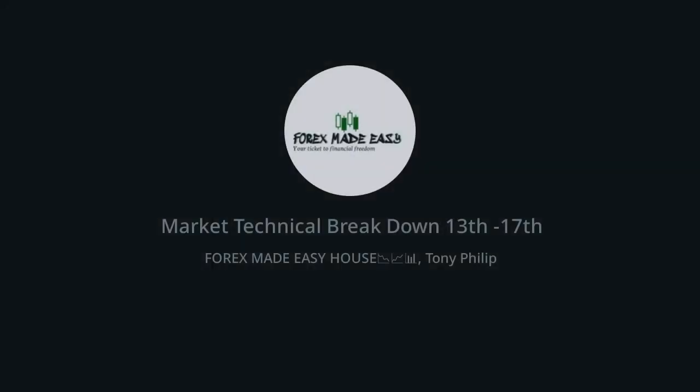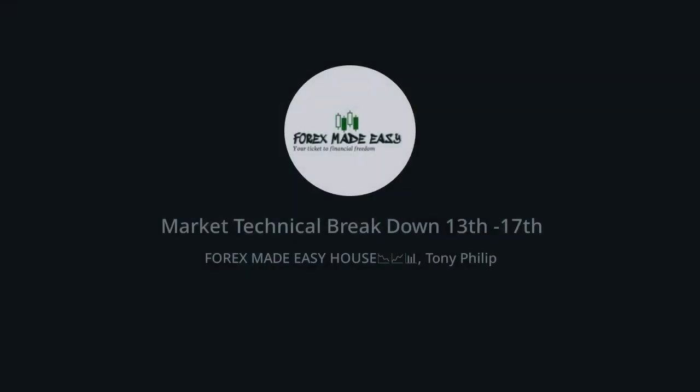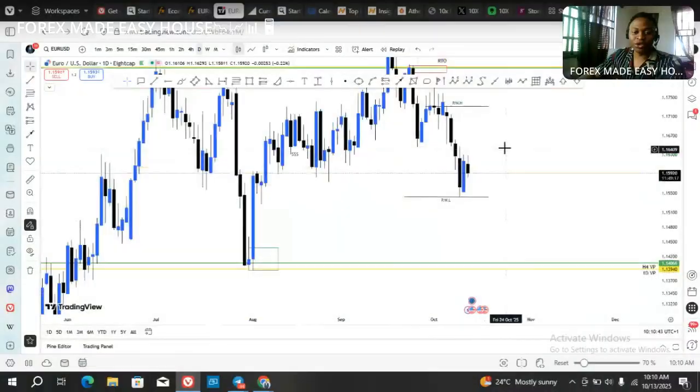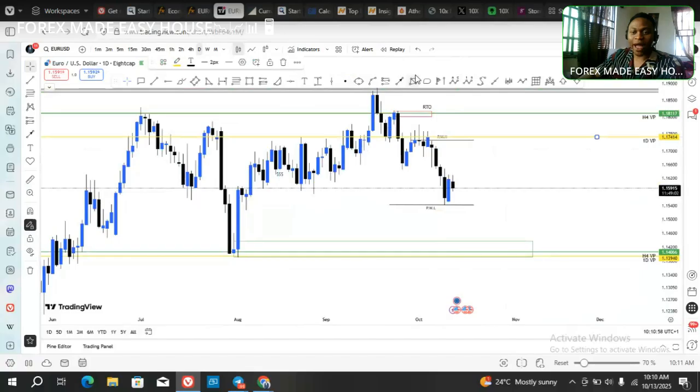So from what I can see, I see a major daily demand zone all the way down here. And then I see a daily supply all the way up here. This is daily demand. This is daily supply I currently see.